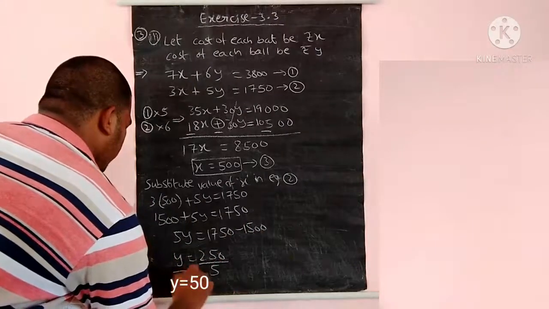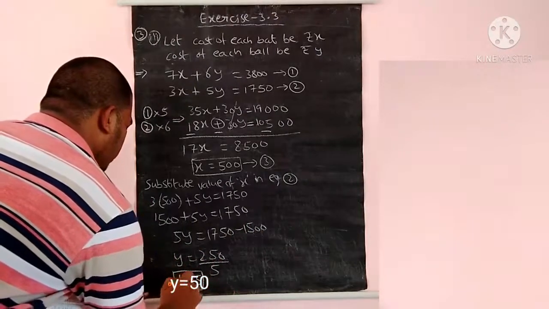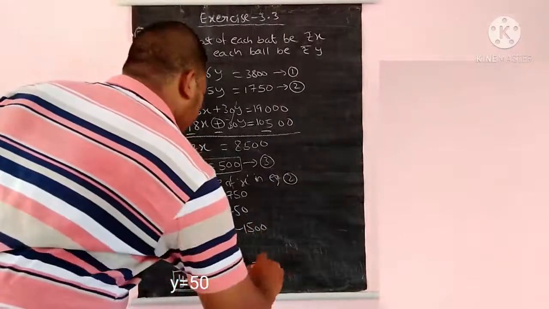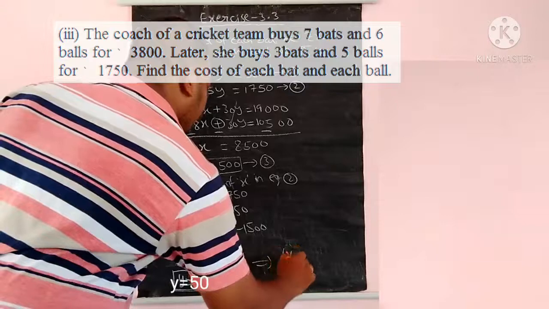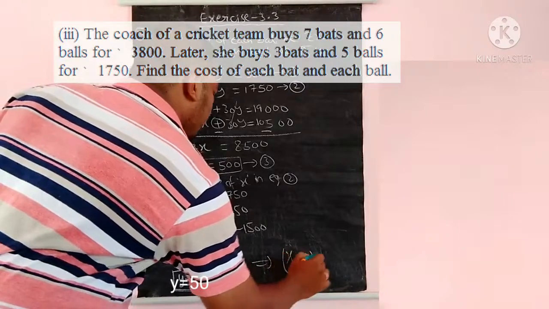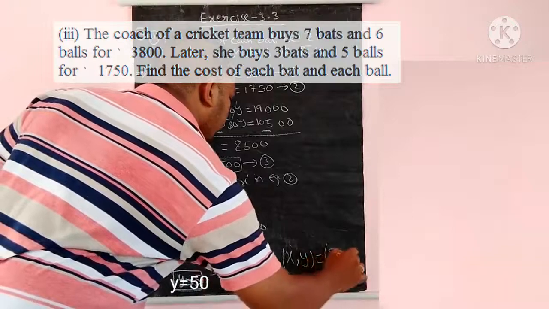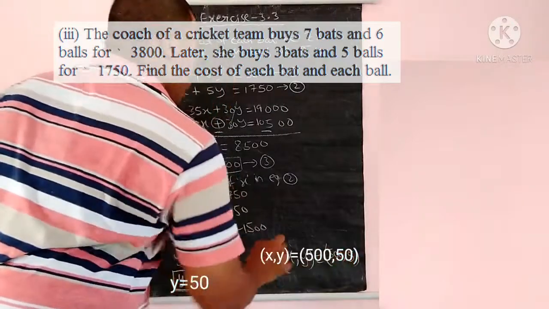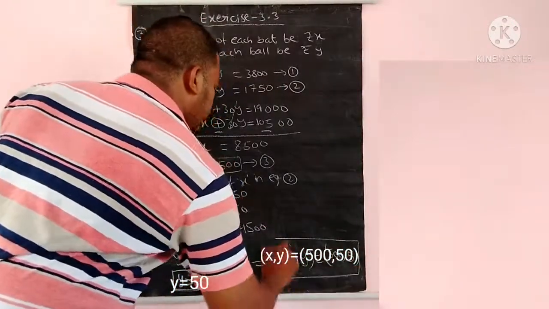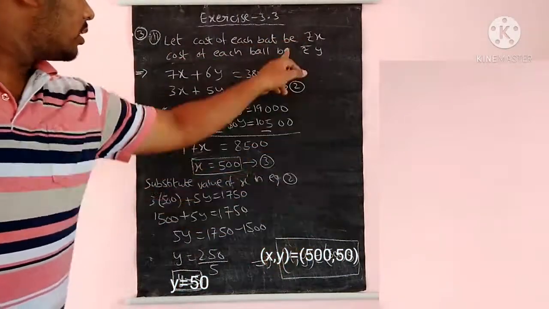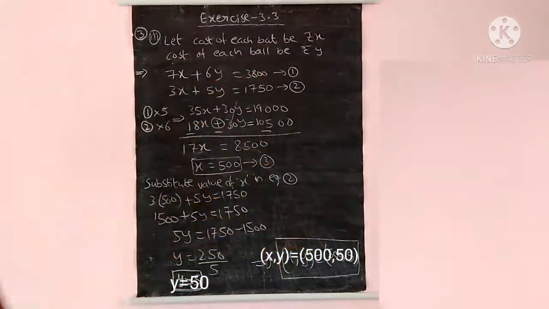So y equals 50. So the cost of each bat is 500 rupees and each ball is 50 rupees. So x comma y is 500 comma 50.